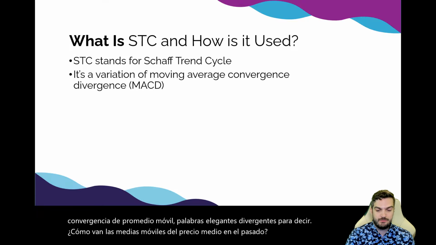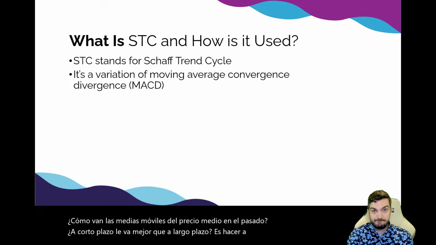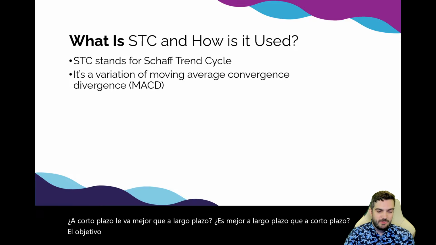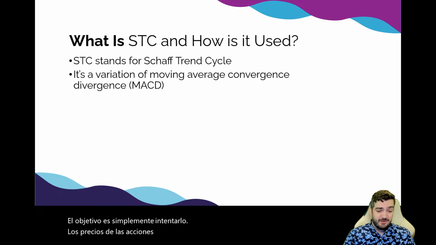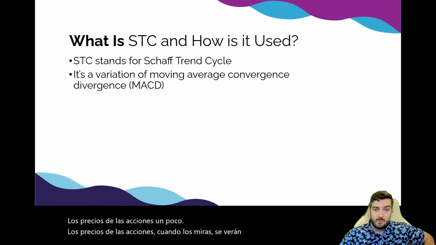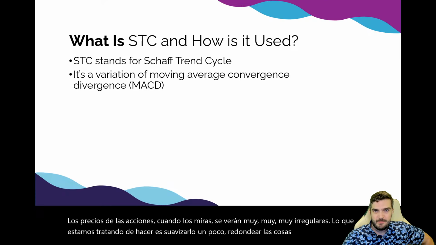Is short-term doing better than long-term? Is long-term doing better than short-term? The goal there is just to try and smooth out stock prices a little bit. Stock prices, when you look at them, will look very jagged. What we're trying to do is round things out so that the numbers are a little bit more friendly to use.